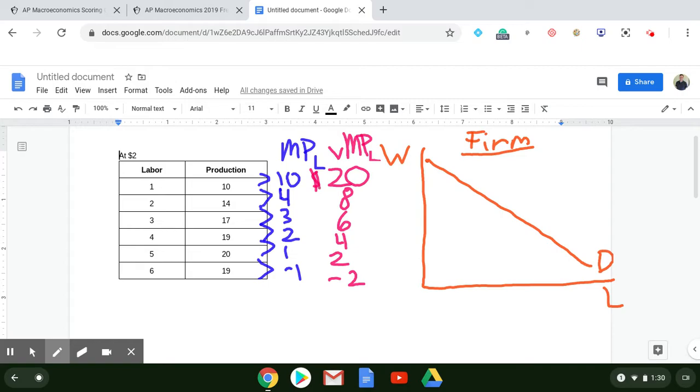They're price takers. If they weren't a perfectly competitive firm, as they increase production, the revenue would actually go down per unit. It doesn't stay the same. They're not price takers in that case. So that's where you get the marginal revenue product.